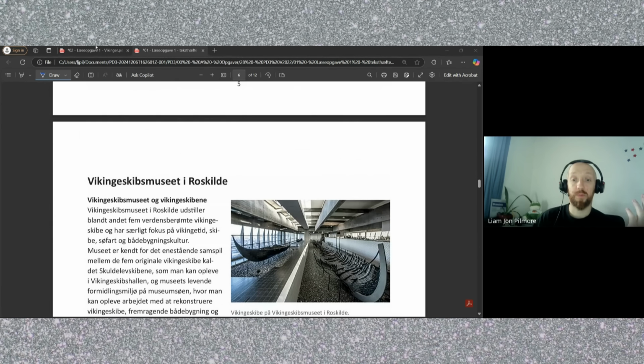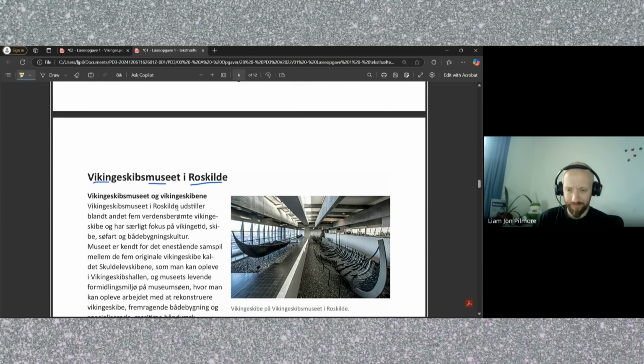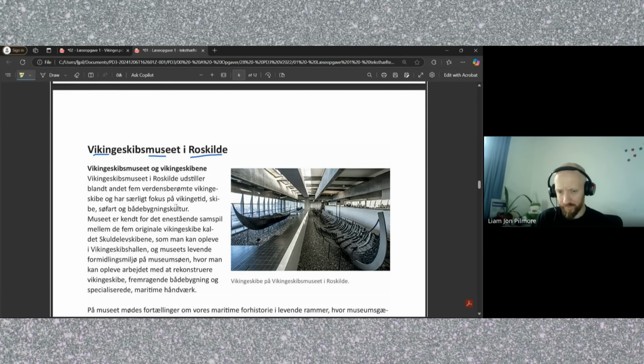So right away on the next page, I can see Vikingeskibsmuseet i Roskilde. So it has to be something here, and I'm scanning for this word, originale vikingeskibe. I'm pretty sure it's got to be here somewhere. Aha, originale vikingeskibe. I found the keyword.